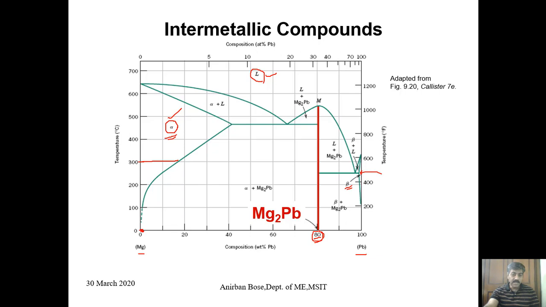But at intermediate percentages of magnesium and lead, here you can see 80% lead and 20% magnesium, if you mix at that specific composition, this solution is not happening over a huge range of values of the lead, only very specific, maybe this 80% and around it maybe 79.8 to 80.2.